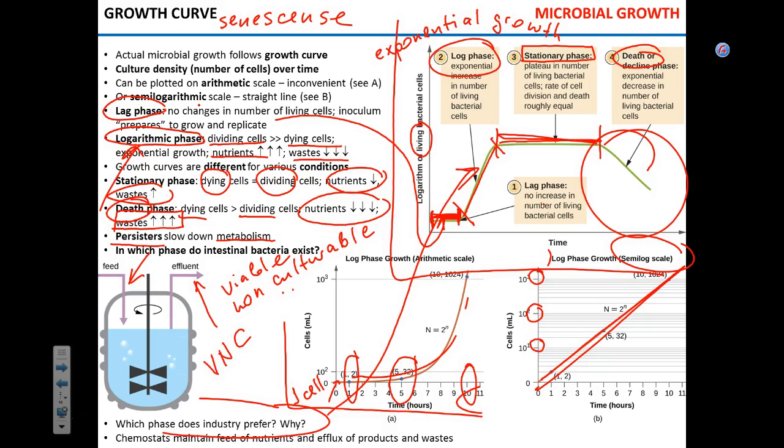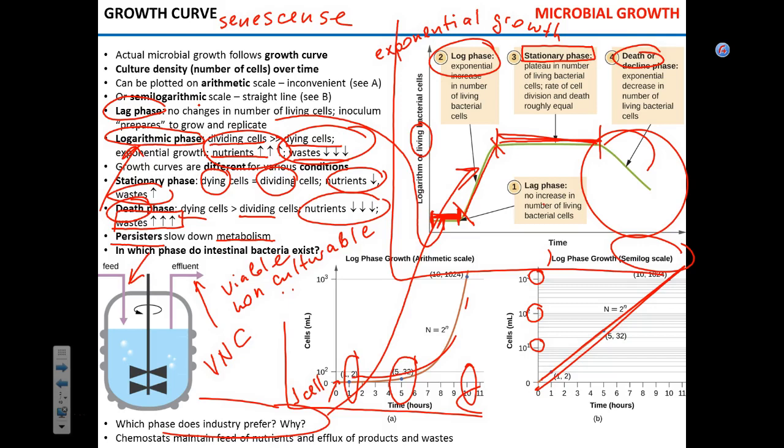So basically it drains the old medium with all the waste that we need, maintaining the favorable growth conditions, maintaining the abundance of nutrients and low levels of waste. Before we move on, any questions?